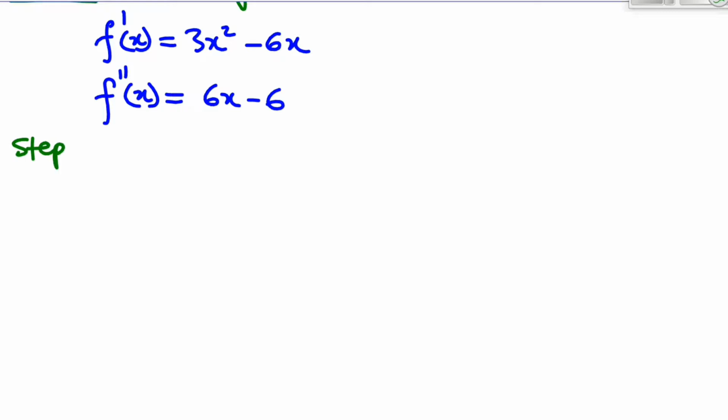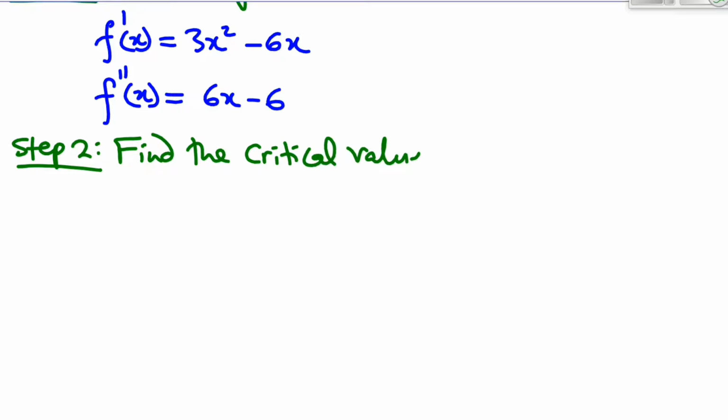Step 2, what we need to do is to find the critical points. So find the critical values of x by setting the first derivative equal to 0.